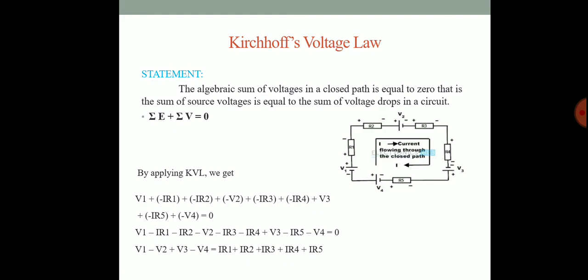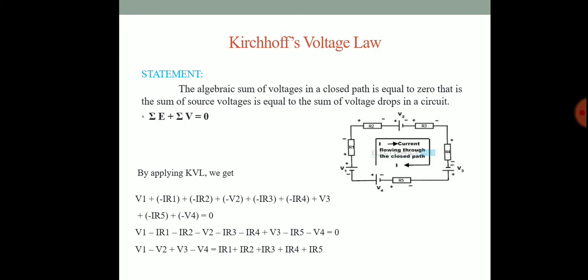We see the diagram: by applying Kirchhoff's voltage law, that is KVL, starting from the initial voltage node V1, we see the derivation. Finally, V1 minus V2 plus V3 minus V4 is equal to the current and resistance.